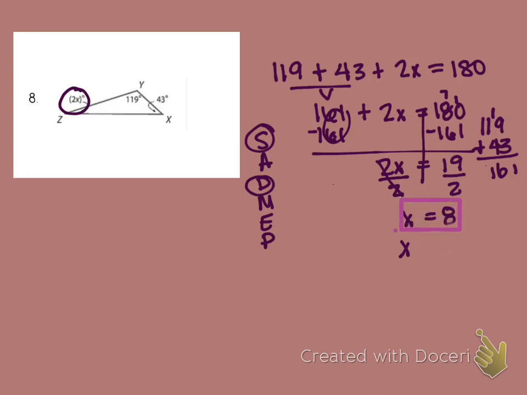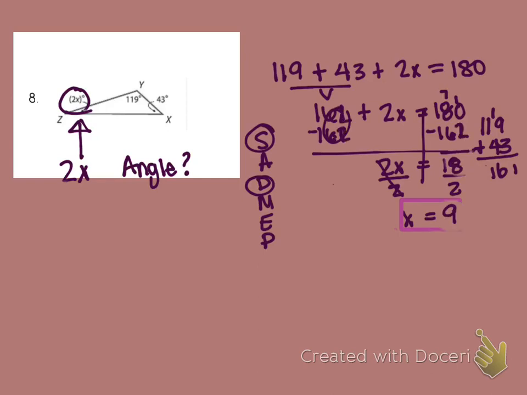And notice I didn't write the degree down, because it's not 8 degrees, because this angle right here is not x, it's 2x. If the question were to ask what is the value of x, bam, you're done, it is 8. If the question asks for the angle degree, then we would have to take x and plug it into what the angle says it is, which happens to be 2x, so that means 2 times 8.